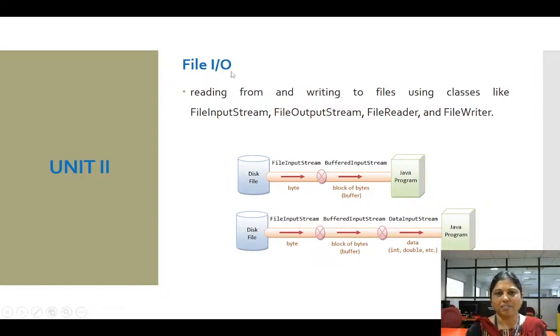More often than not, when the file is the primary source of input and the primary destination for output, we make use of predefined classes in Java such as the FileInputStream class, the FileOutputStream class, the FileReader and the FileWriter. So unit 2 is entirely going to be focusing on the study of input-output operations involving files.